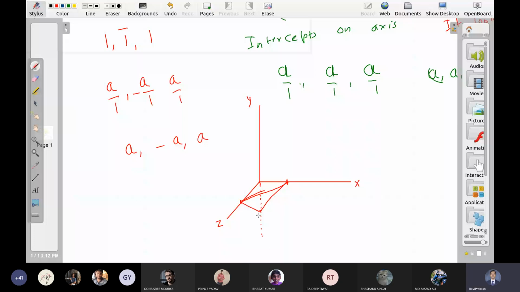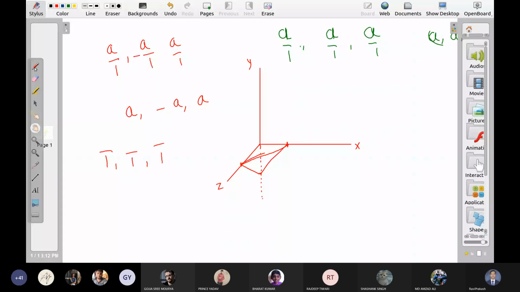What about 1 bar 1 bar 1 bar plane? Is it same as 111? क्या ये 111 जैसा ही है? So this plane is cutting all the axes on the negative side.